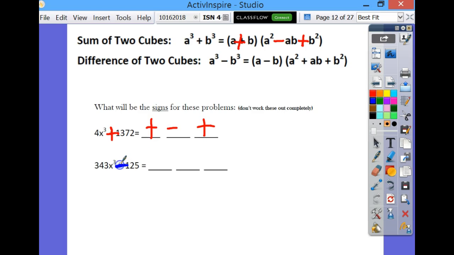If this is a minus sign, am I using the first formula or the second formula? In the second formula, it's minus, plus, plus. Everything about the two formulas is the same, except these two terms switch signs when you switch from a positive to a negative. Everything else about the formulas is the same. You see that?